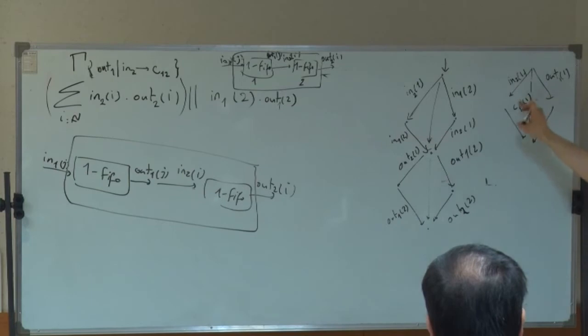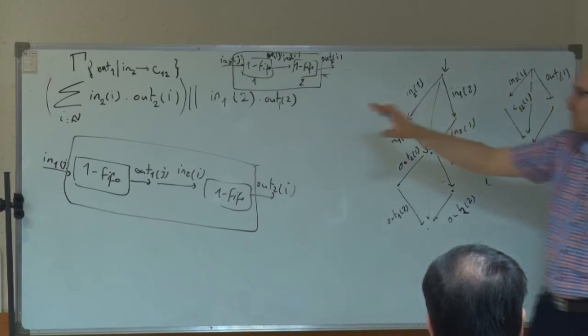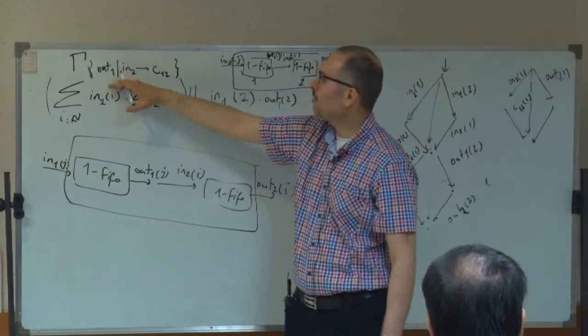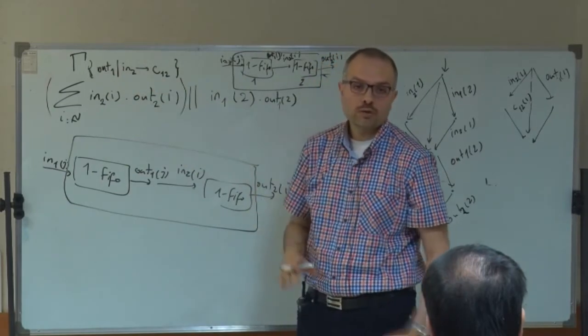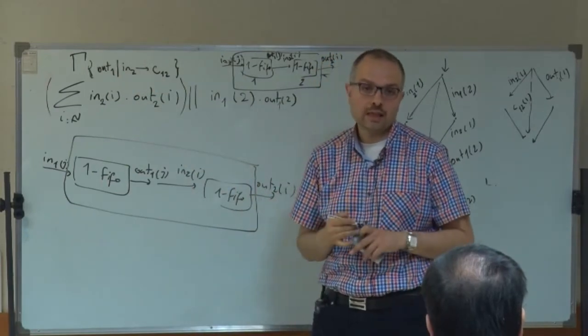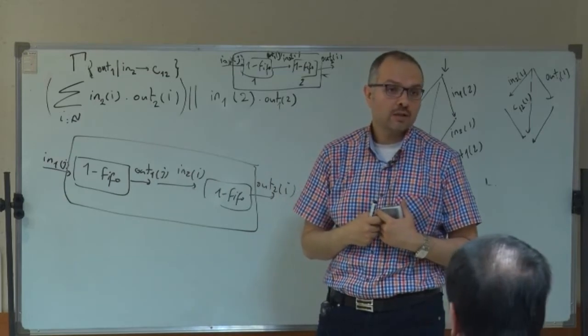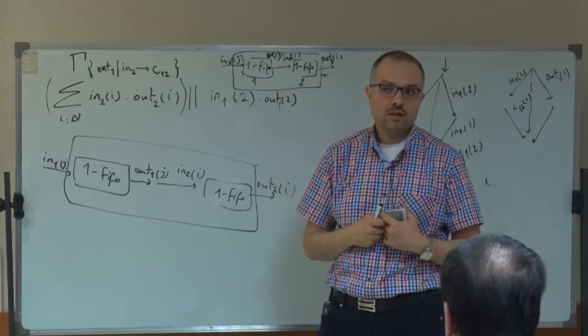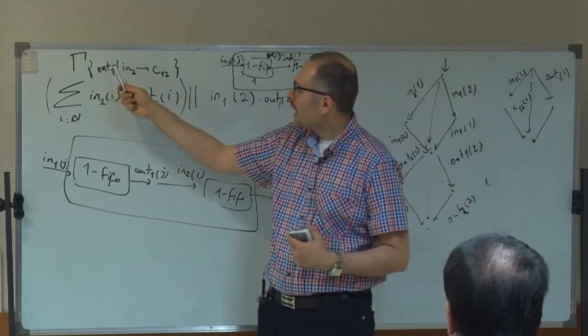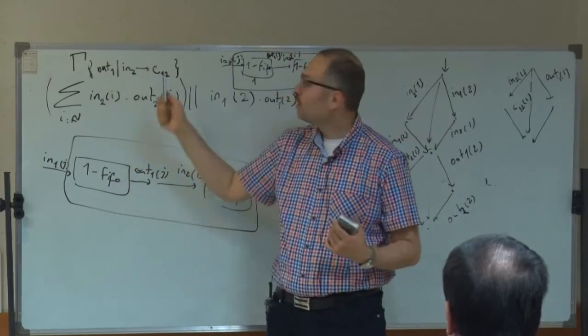Right. So if they communicate on different values, this operator will not be able to rename them to C1,2. They will remain as interleaving and then as basically individual actions in your state space. Is this clear? Right. So this enforces out 1 and in 2 on the same value to be renamed into a new action.